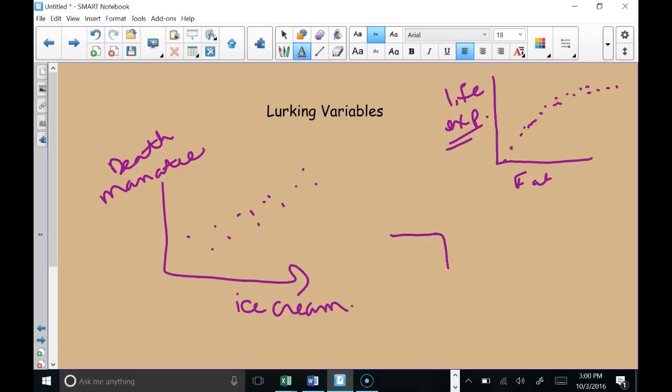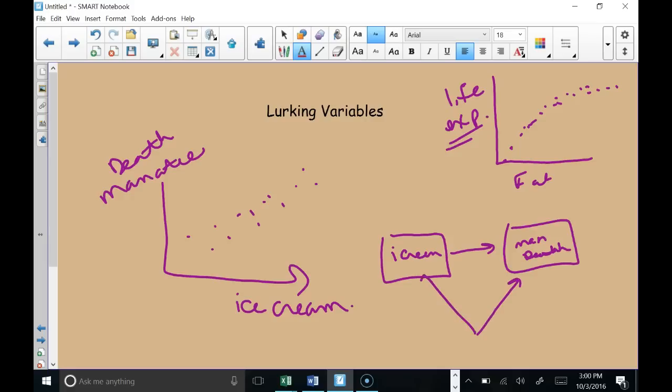If we think about it as, here's my ice cream, and here's my manatee deaths, there's a lurking variable that affects both of these. Can you think of what it is? What would be something that causes more people to eat ice cream and more manatees to die? Okay, let's think out of the box, and I throw out season.